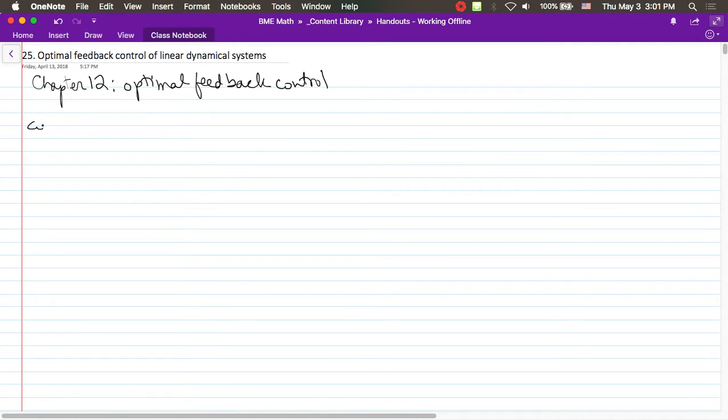So we have a cost per step defined by something that looks like this, a quadratic cost, and a motor cost.